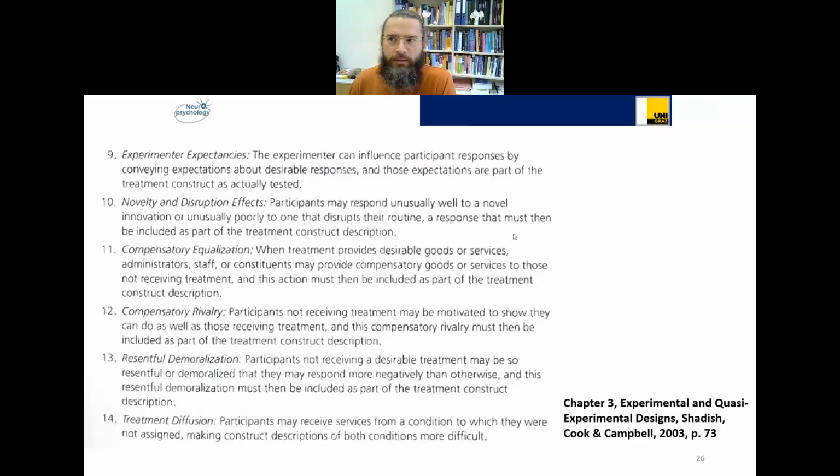So, novelty and disruption effects. Participants may respond unusually well to innovation. We know that from our own research.